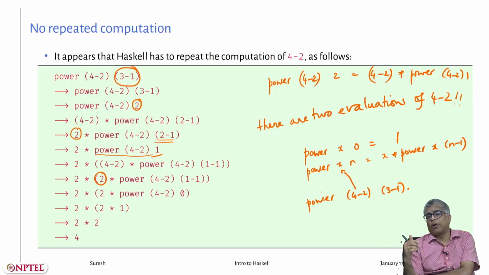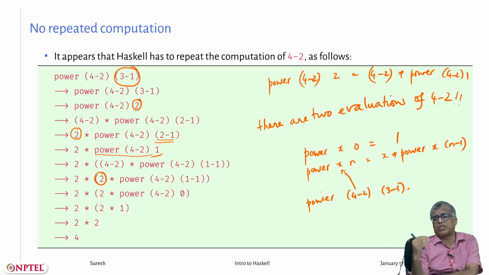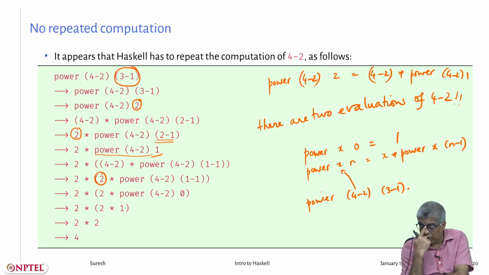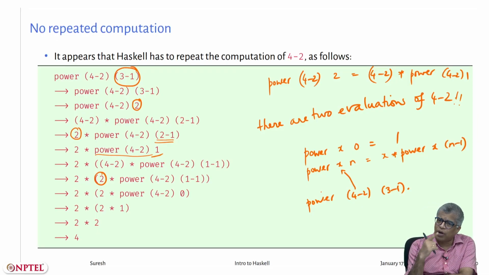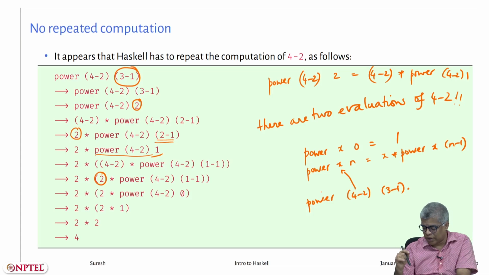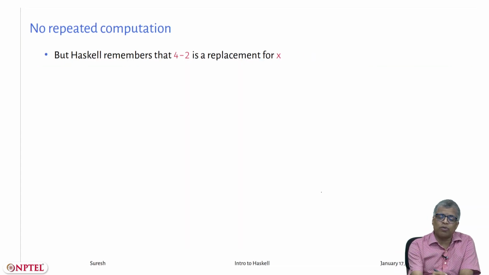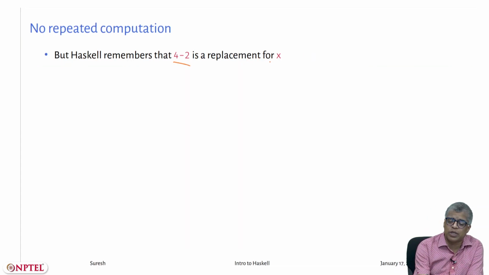So 4 - 2 takes the place of x, and Haskell remembers that. So the first time it simplifies the value associated with x, it will use that simplified value everywhere else when you need to use x.